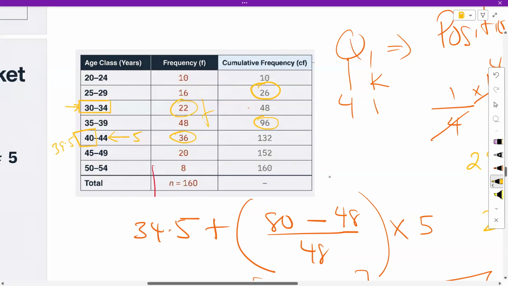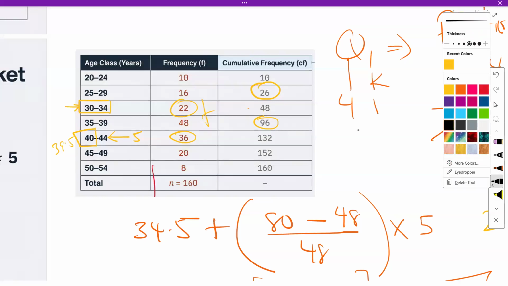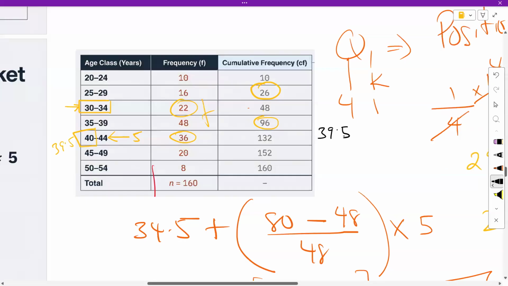So we directly apply the formula. 39.5 is the lower boundary of the model class plus, the position is 120, the cumulative frequency is 96, the frequency is 36 and the class width is 5.